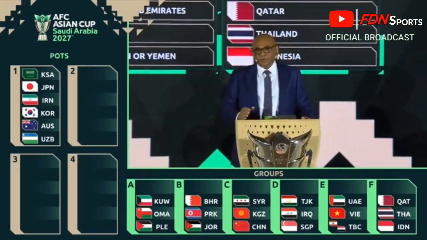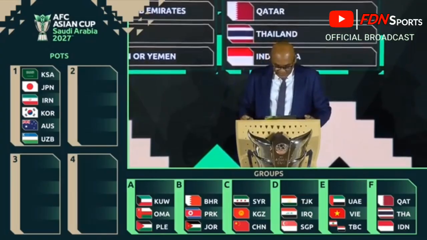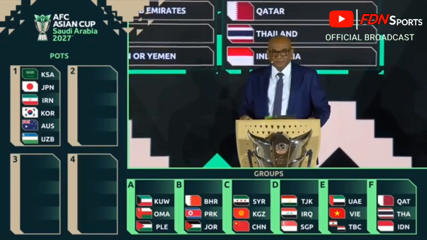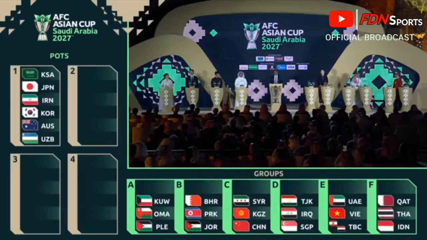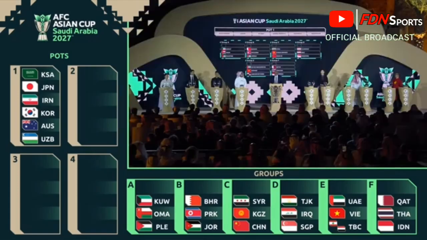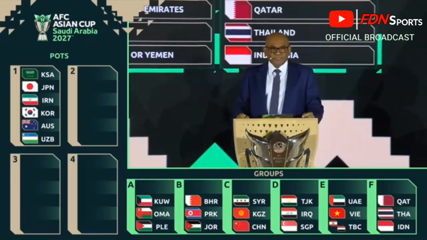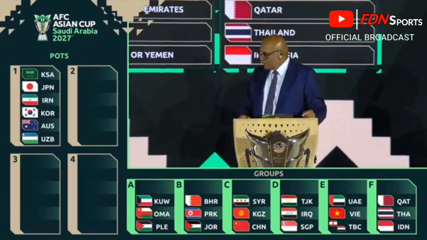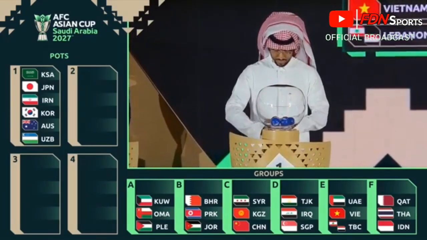So before we look at the pot 1 teams, here are the teams in pot 1. Excellent. Now Saudi Arabia will be drawn first from pot 1 as explained in the draw mechanism. They are identified by a different colored ball, as you can see, and they will be placed in position A1. Salim, can you please take the green ball and confirm?